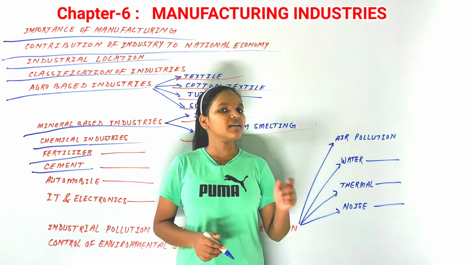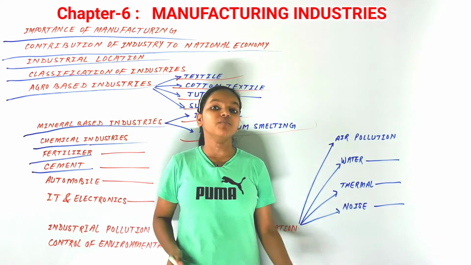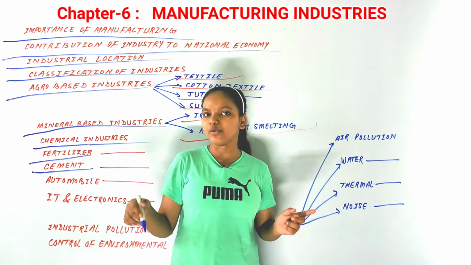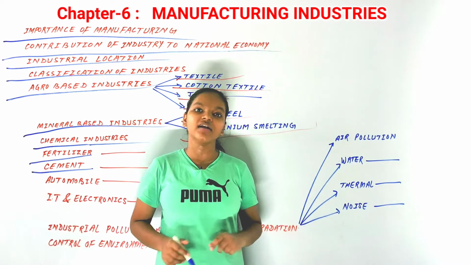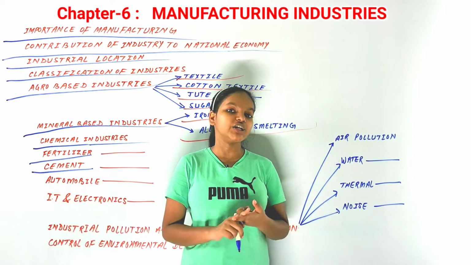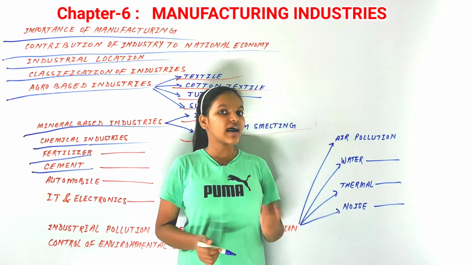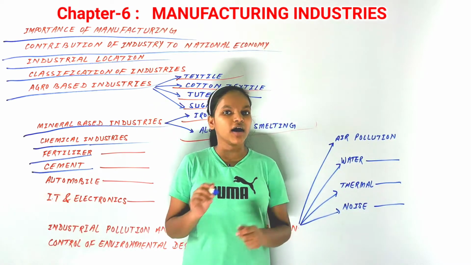That is why the government has been taking policies to make it more and more usable for people and to sustain it. So that is about the cement industry, which is exported to South Asia, East Asia, Middle East Asia, and Africa. Those countries are the main market for our country's cement industry.